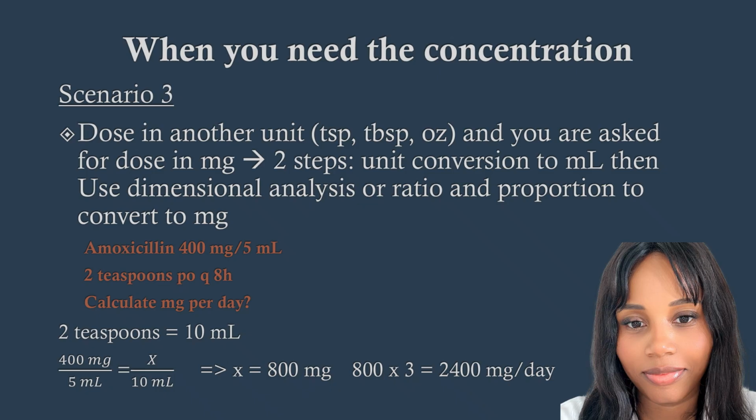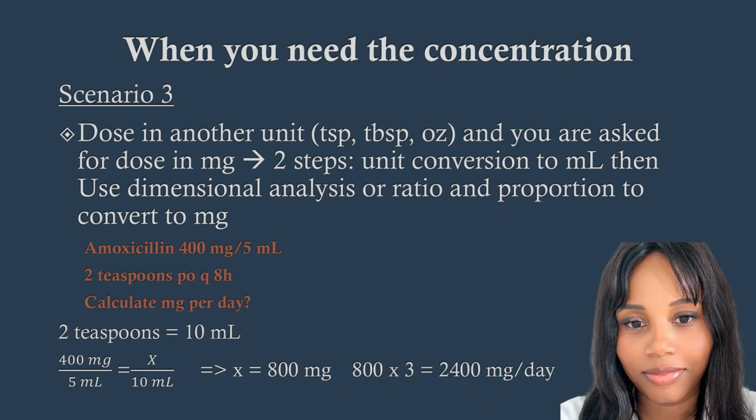So we have amoxicillin 400 milligram per 5 ml, 2 teaspoons by mouth every 8 hours. Calculate milligram per day. So the dose is given in teaspoon, and you're asked to calculate the daily dose in milligram. So like I mentioned here, 2 steps. So we need to convert teaspoons to ml. So 2 teaspoons is 10 ml.